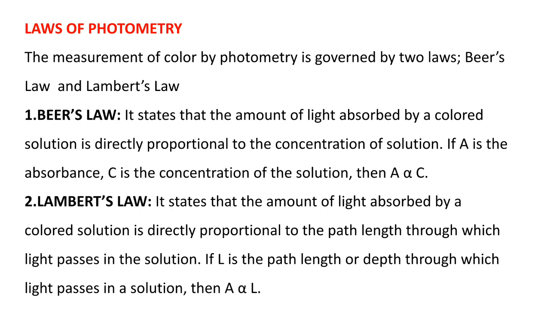When I come to Lambert's law, it states that the amount of light absorbed by a color solution is directly proportional to the path length through which the light passes in the solution. So if L is the path length or depth through which the light passes in the solution, then absorbance is directly proportional to the path length, A proportional to L.